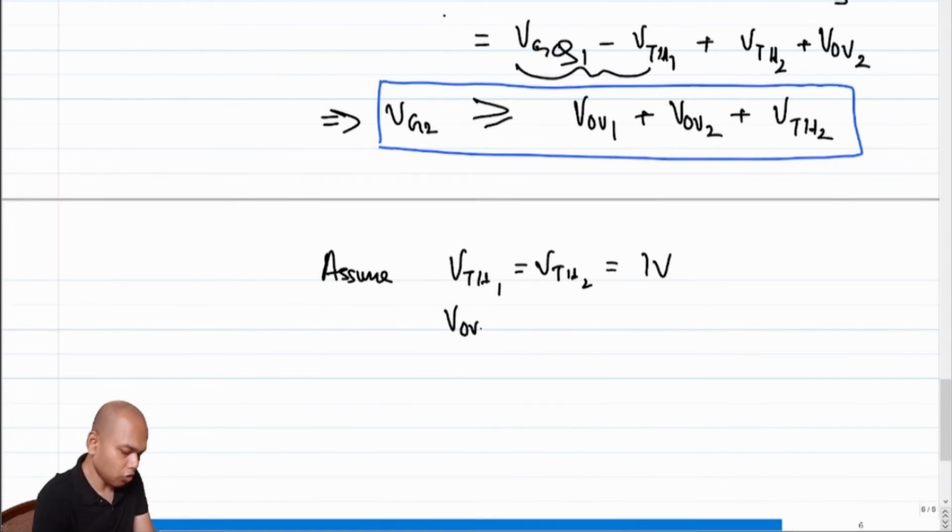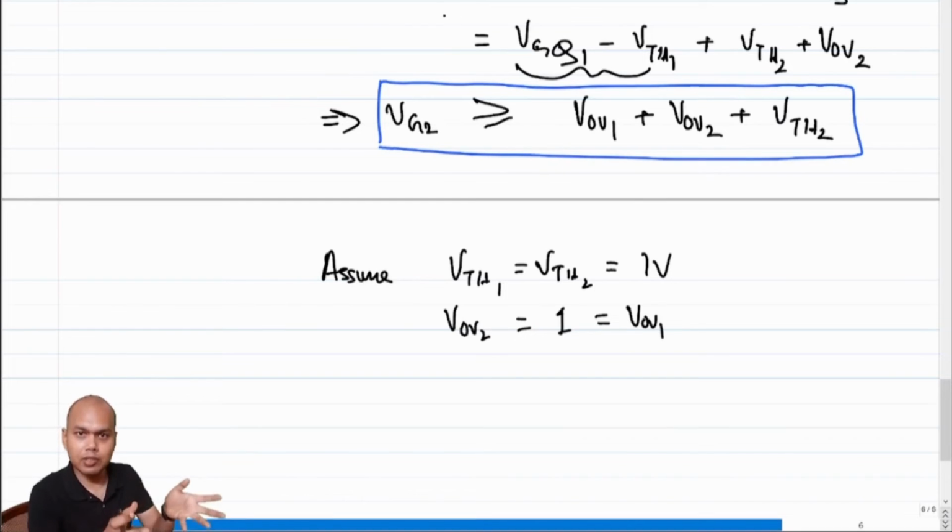Let's assume the overdrive voltage is also 1 volt for both the transistors. It need not be the case, because overdrive is a function of the size of the transistor, but to make our life simple, let's assume both overdrives are equal to 1 volt. If that is the case, what do you need to ensure VG2 to be?